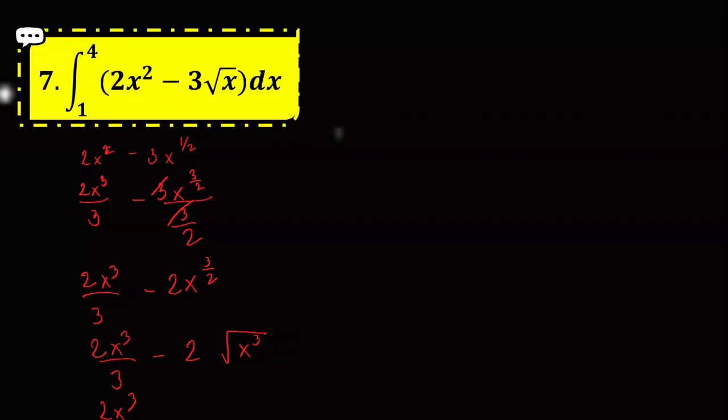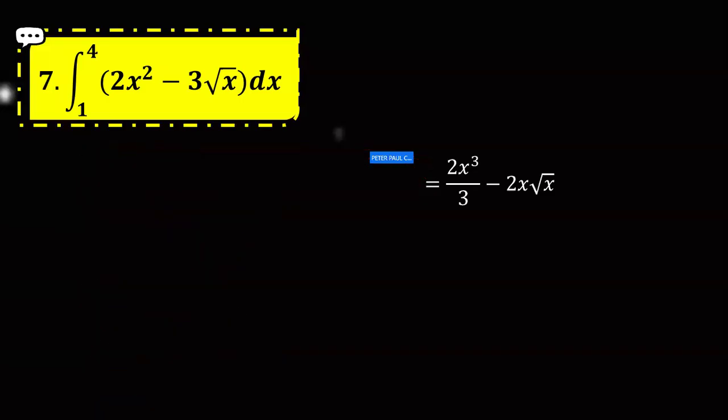Right here: 2x cubed over 3 minus 2x the square root of x. So this is the answer. But we don't need this part of the solution. Again, what we only need is this answer.